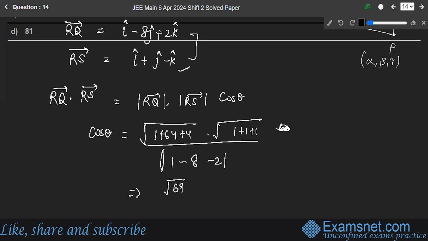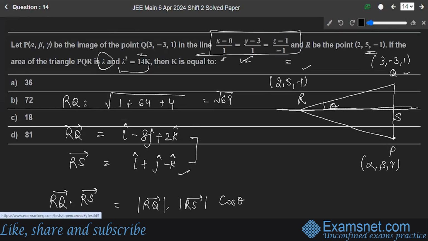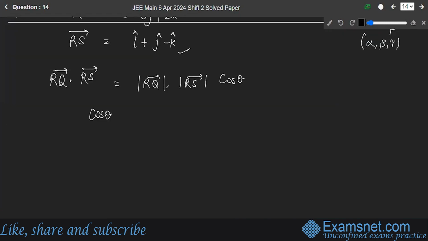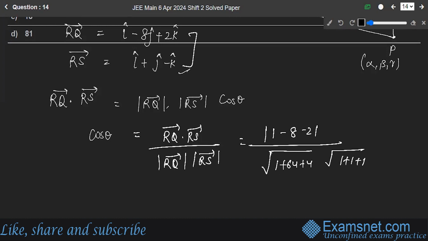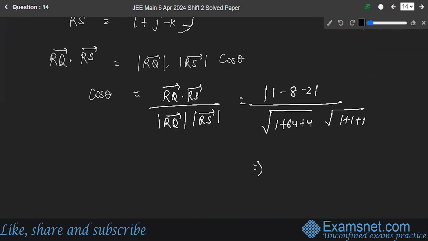Wait, I'm doing this thing wrong. This is equal to the dot product of the two vectors divided by their magnitude. Okay. So now the dot product of these two vectors is equal to 1 minus 8 minus 2, divided by root of 1 plus 64 plus 4, root of 1 plus 1 plus 1, which is equal to 9 upon root 69 and root 3.